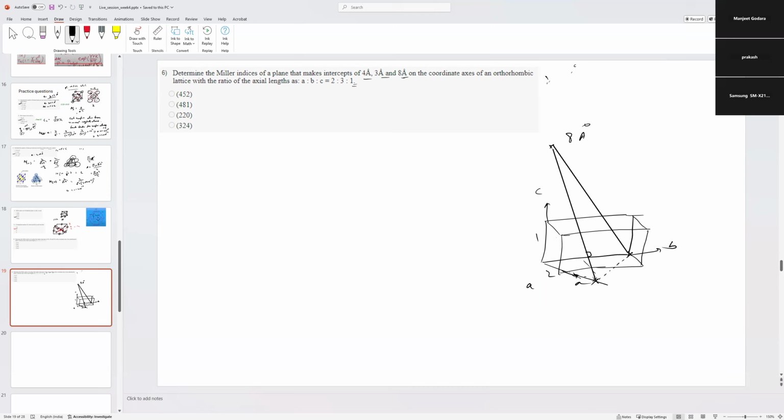Now we have to find the Miller indices of this plane.